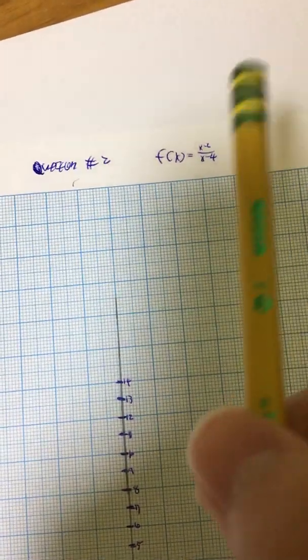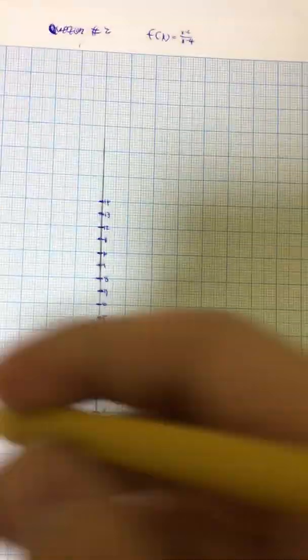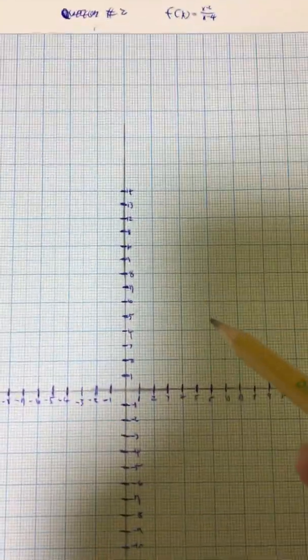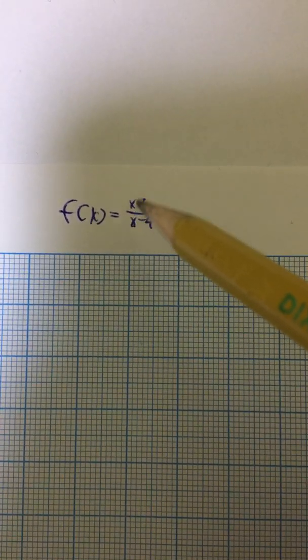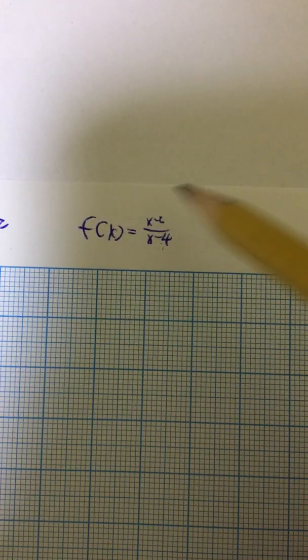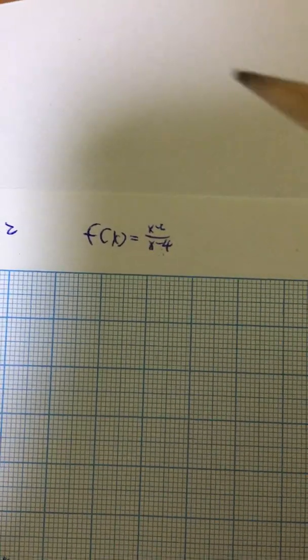Alright, so first you need to find the asymptotes. Now to find the asymptotes, let's find the horizontal first. For the horizontal, you get the highest degree of these two expressions and also factor both of them if you can. But in this case, they're both factored already.